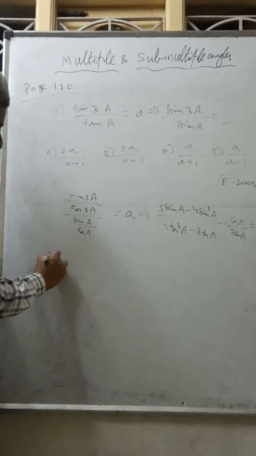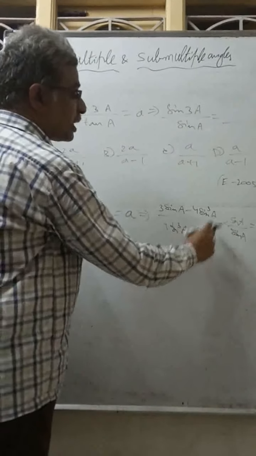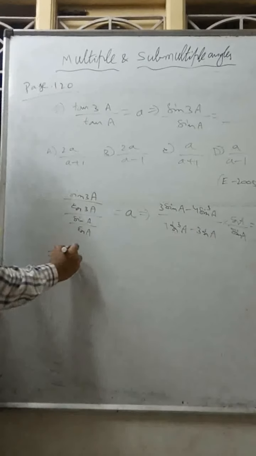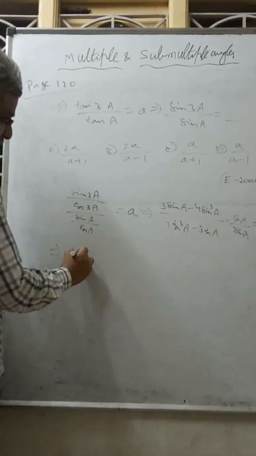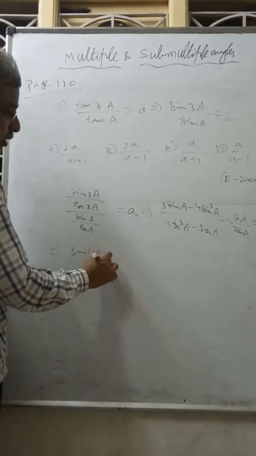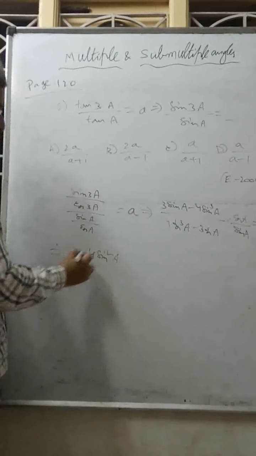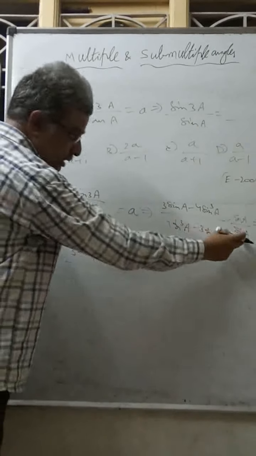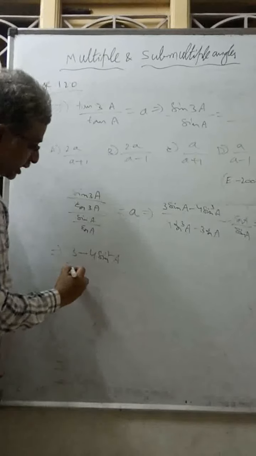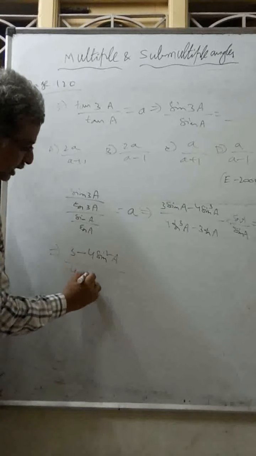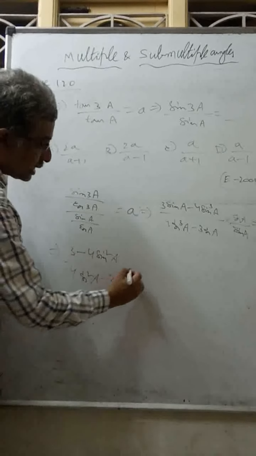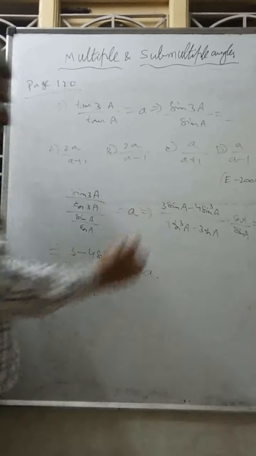So this implies, if I take cos common and cancel, sin common and cancel, what is left here is 3 minus 4 sin square A, because I took sin common and cancelled, and cos common and cancelled, becomes 4 cos square A minus 3 equal to a.